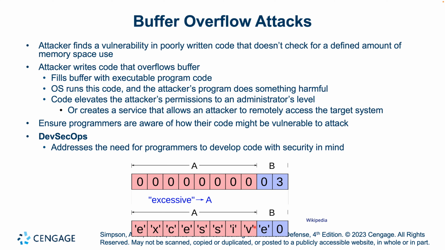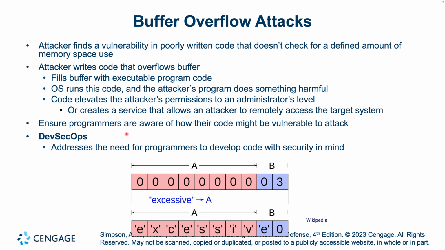In this case, there's no input validation, so this text exceeded the limit into the nearby memory location. And what is the result? Well, this action could, for example, elevate the attacker's permission to administrator level, or create a service that allows the attacker to remotely access the target system.